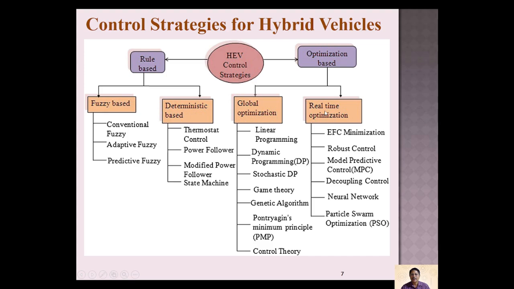In the real-time optimization: equivalent fuel consumption minimization, that is ECMS, then robust control, then model predictive control MPC, then decoupling control, then neural network, then particle swarm optimization PSO. These are the control strategies. Whenever the vehicle classification is required, they will be adopted suitably to control all the electronics related operations, in order to maximize the efficiency of the vehicle.